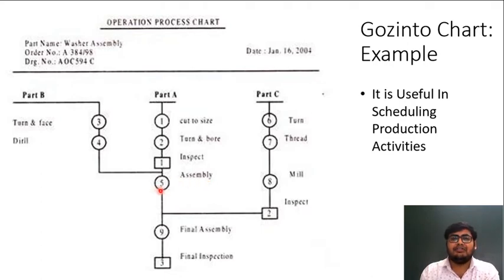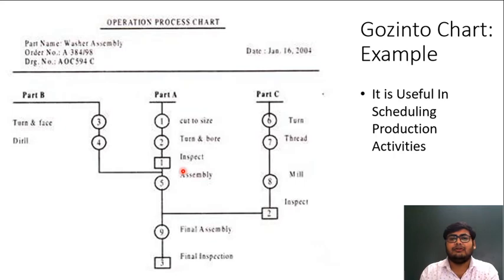Once we have the assembly at 5, we need to go to process 6, which is for part C, and first we will do turning. After that we will do thread cutting operations, and after that milling operations, because here the sequence is 6, 7, 8. Once all this is finished, we will do inspection number 2.